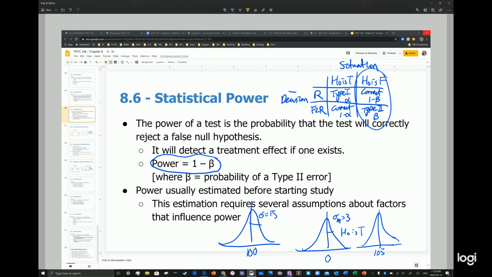And then because we're working with a supposed treatment effect, then the sample on which that treatment is supposed to be conducted would have its own sampling distribution where you assume, in this particular case, the alternative hypothesis is true. Here, that is specifically the treatment would increase everybody's IQ by 5 points.